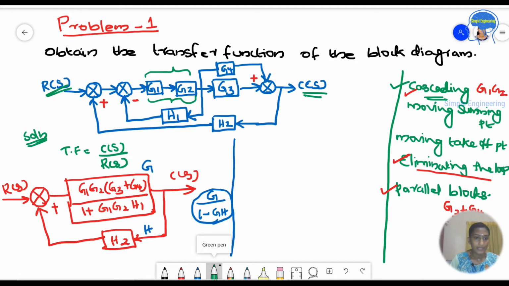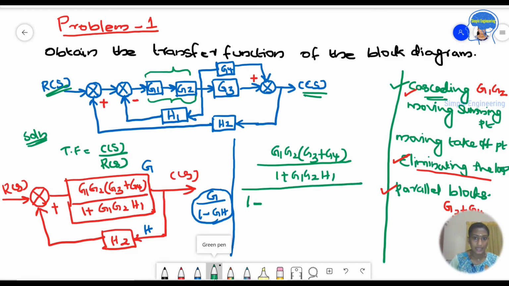So this will become G1 G2 into G3 plus G4 by 1 plus G1 G2 H1, this is your G, divided by 1 minus, again this is your G, that is G1 G2 into G3 plus G4 divided by 1 plus G1 G2 H1, into H, that is your H2.